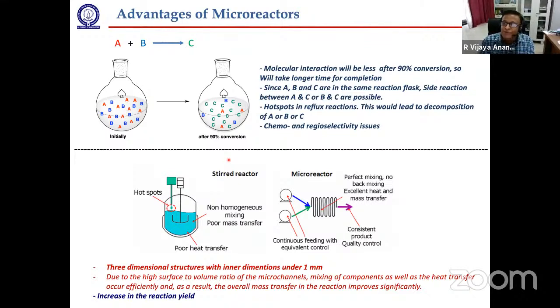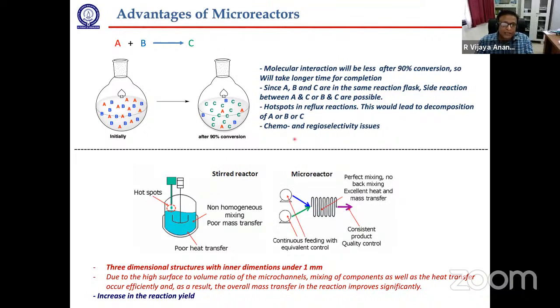So this kind of problem will be avoided in microreaction technology, because the microchannels are very thin, so that allows efficient heat transfer to the microreactor. So as a result, you can maintain a constant temperature throughout the reaction, and finally that would result in excellent mass transfer. So that would eventually lead to an improvement in the yield.